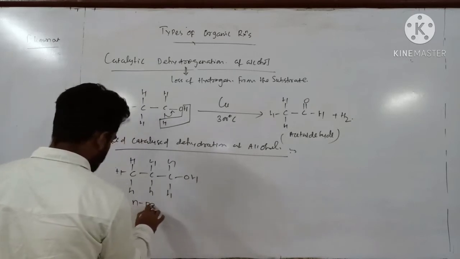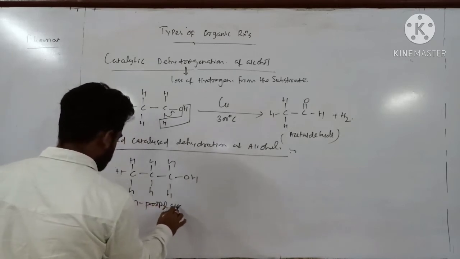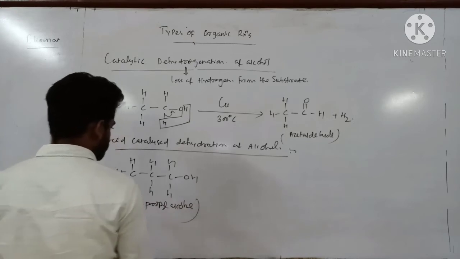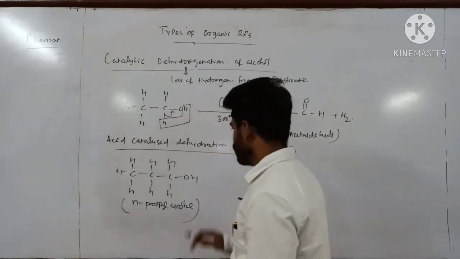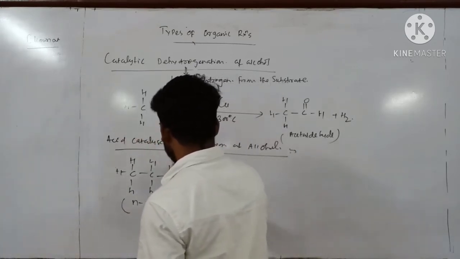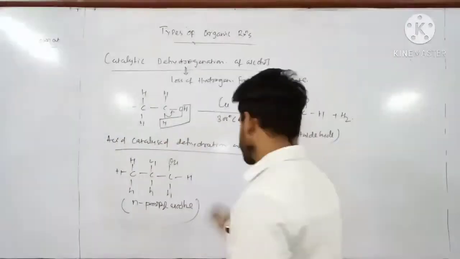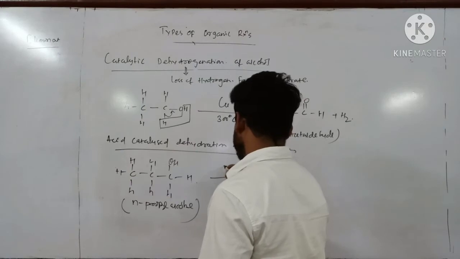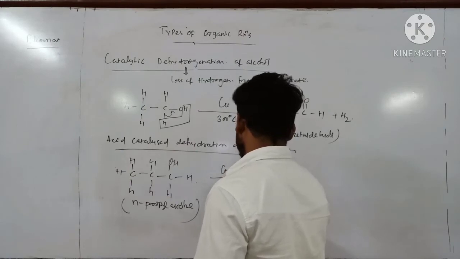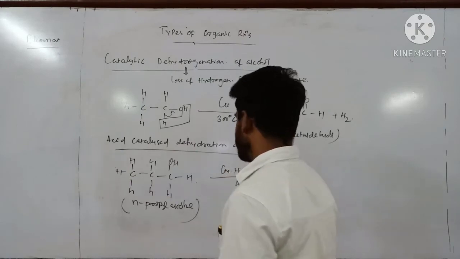Propanol, or you can say n-propyl alcohol. Clear? Now the H and OH, let's say these two groups should be anti to each other like this. Acid catalyzed means, let's say in presence of concentrated H2SO4, heating is there.